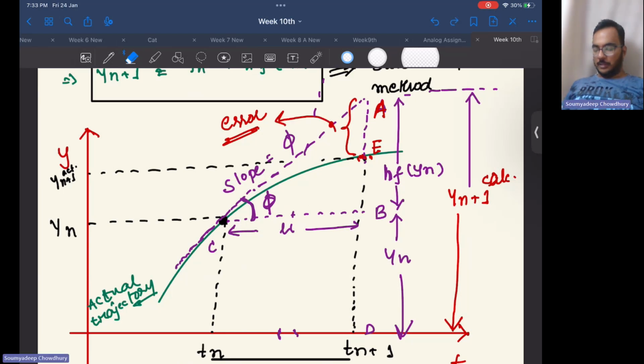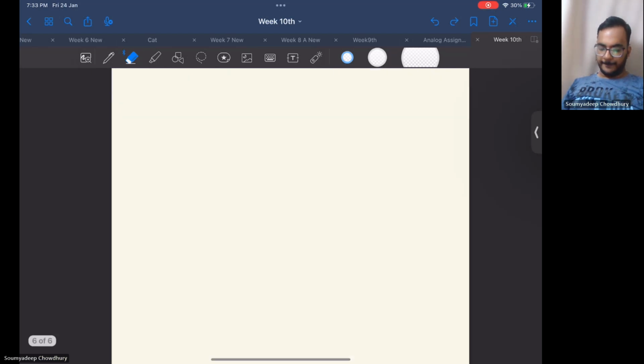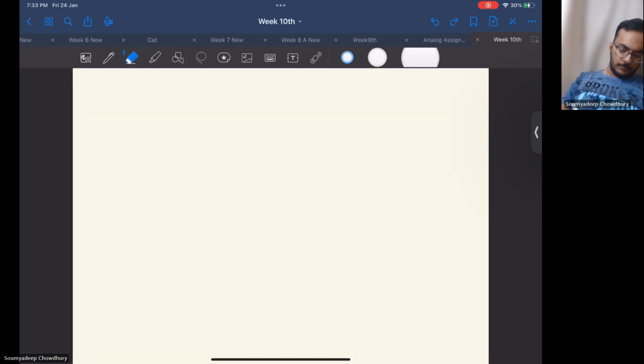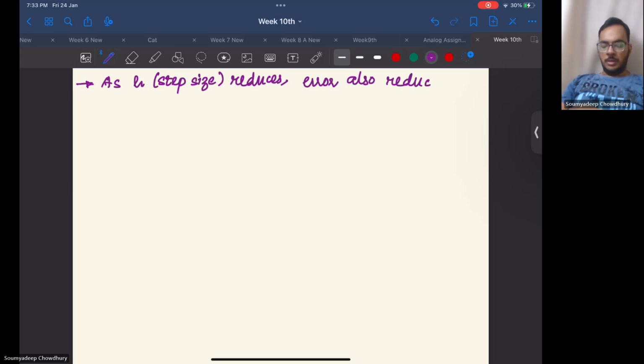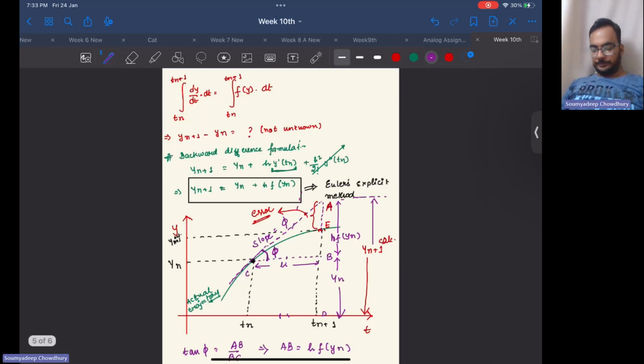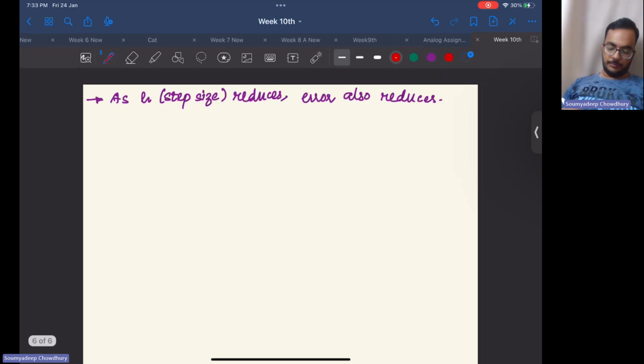Okay, so we can understand here, I'll write it down: as the step size h reduces, your error also reduces, right? So this is about Euler's method. Next, we will look into the Runge-Kutta method or the RK method.